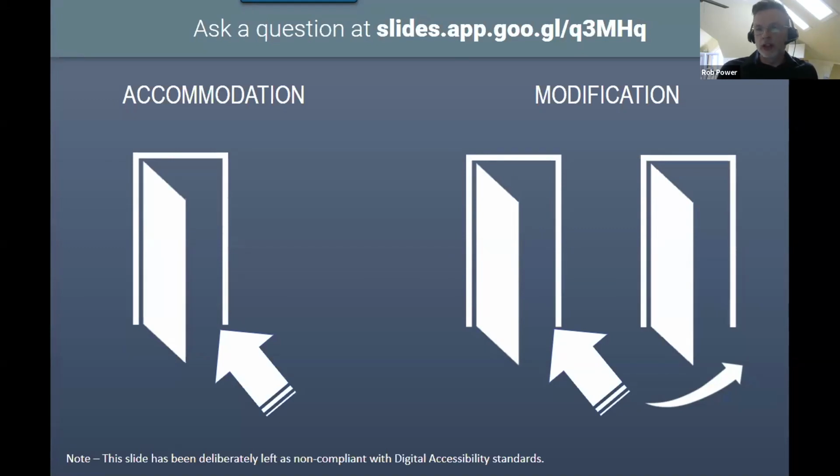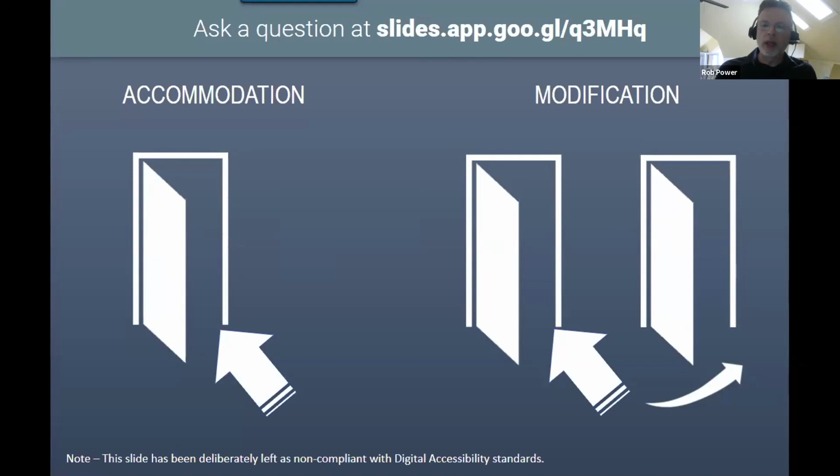Accommodations mean we're going to provide supports to that student, but they're going to be included and they're going to continue on in the same classroom and working on the same challenges, the same materials that their colleagues are working on. When we talk about modifications, we're actually talking about changing something about the course because we know that there's something that this particular student cannot handle.